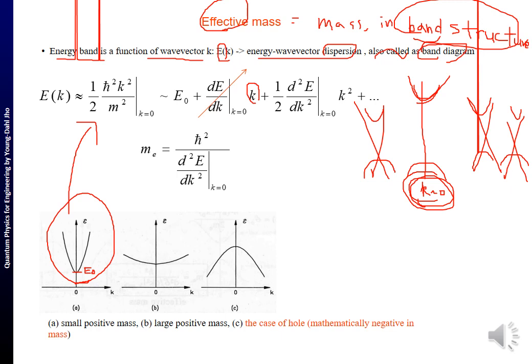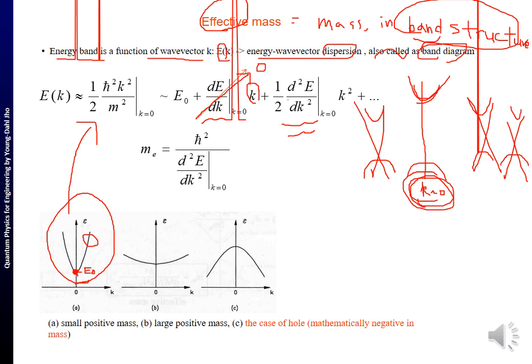And then we expand the energy values as a function of k. The first term is dE/dk multiplied by k, but we consider values near the minimum, which is the most important point in semiconductors. Because it is a minimum, the derivative should be 0, and the next term is the second order derivative, with a factor of 1/2.